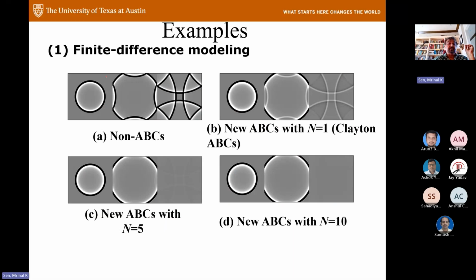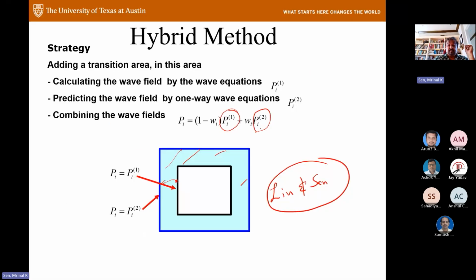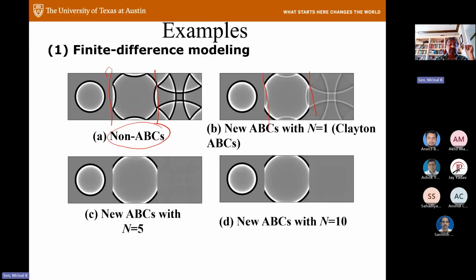So here is an example of our hybrid boundary conditions. This is the same wave field that I was talking about, with no absorbing boundary. This is with our one-way. Here we also had to play with the number of grid points in this particular damping zone. It turns out that with 5, we are getting pretty good absorption, but there is some residual.